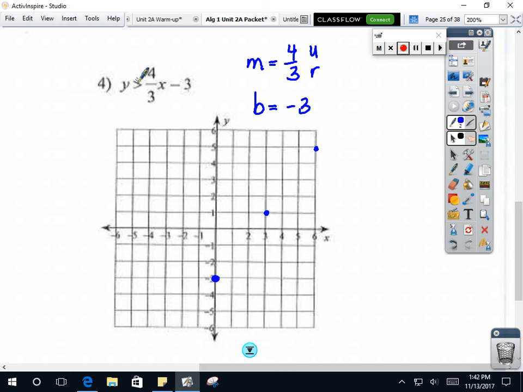This is still just a regular greater than symbol. There's no equal to bar, so we're still just drawing a dashed line, which tells us what about solutions? There are no solutions on the line, right? The solutions are all found in the shaded area, which is greater than the line, which is above it, so this side of the line.